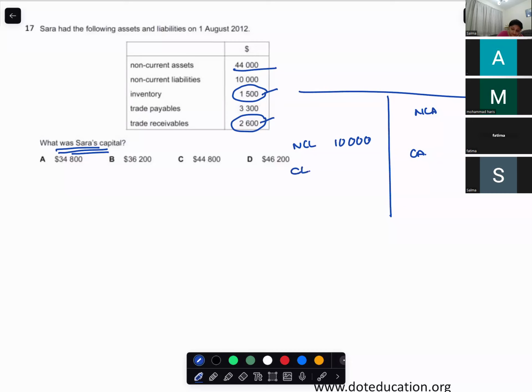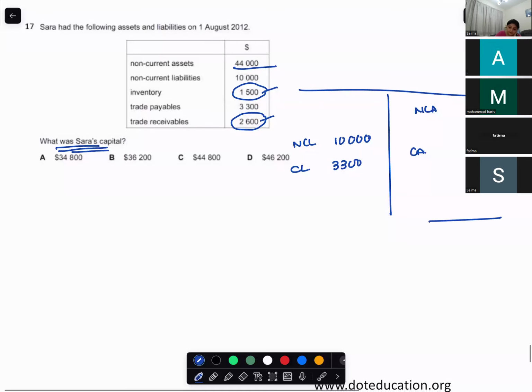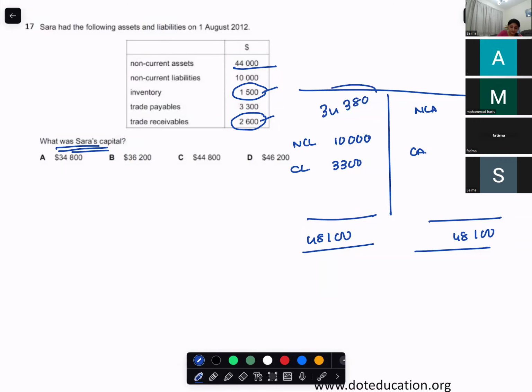Current liabilities 3,300. Okay. So total is 48,100 minus 34,800. That's the 34,800 is your capital.